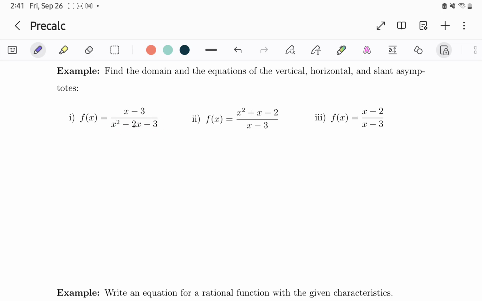So we want to try to factor x squared minus 2x minus 3. We can use the AC method here. So we would have 1 times minus 3 for a times c, which is negative 3. And we want to find two factors of negative 3 whose sum is negative 2.